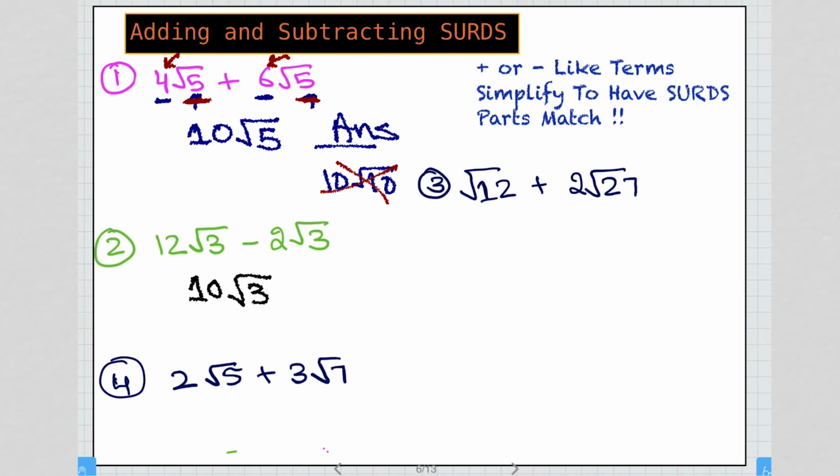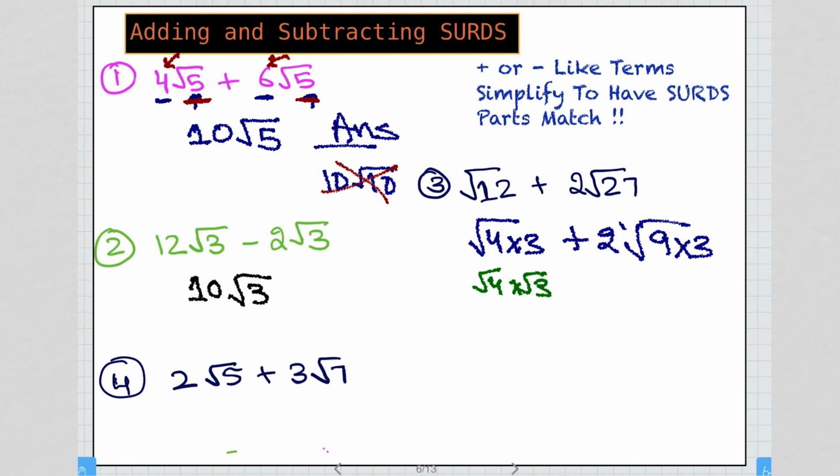So root 12, I can write it as root 4 times 3, plus root 27 as root 9 times 3. In the next step, I can write it as root 4 times root 3 plus 2 into root 9 times root 3. All clear?